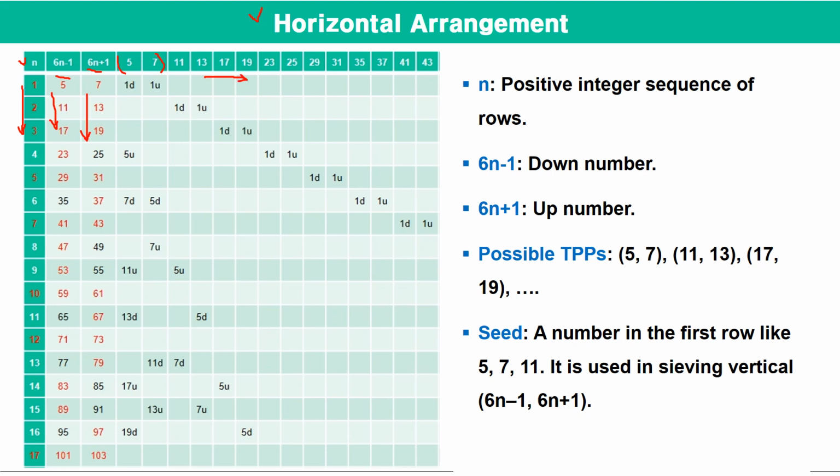And seed means a number in the first row, like 5, 7, 11, and it is used in sieving vertical 6n minus 1, 6n plus 1 pairs, which means these pair blocks are sieved by these horizontal numbers.